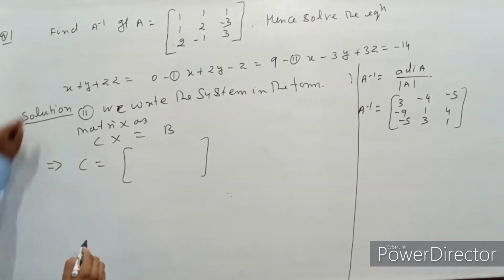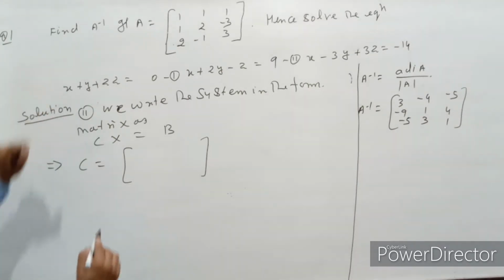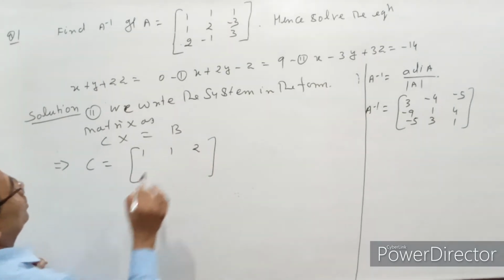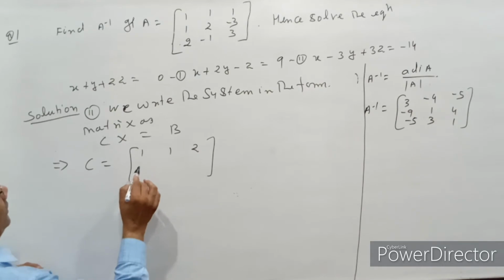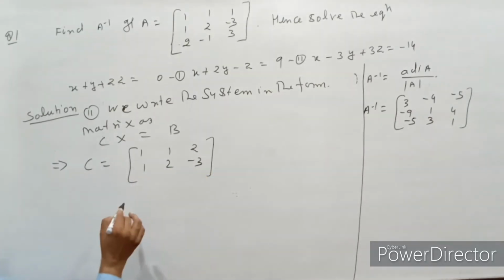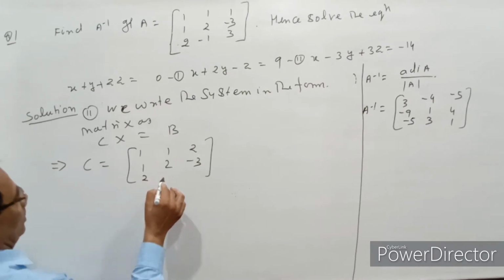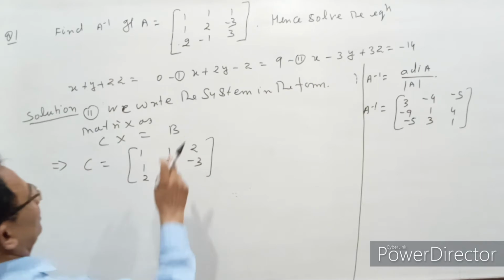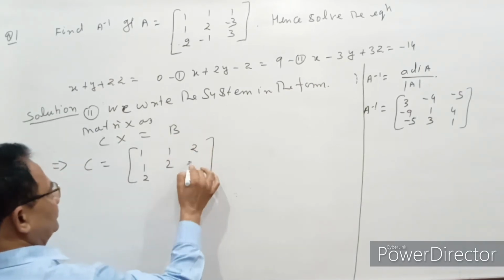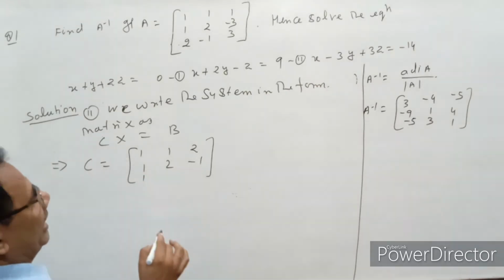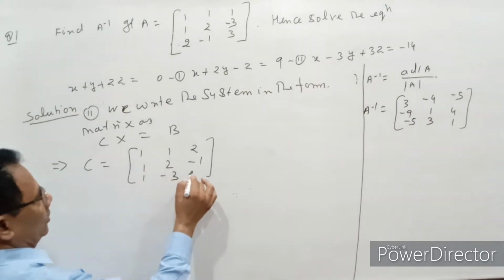the coefficient matrix, that is 1, 1 and 2, this is 1, 2 minus 3, that is 2, that is 1, 2, minus 1, that is 2, 1 minus 3 or 3.